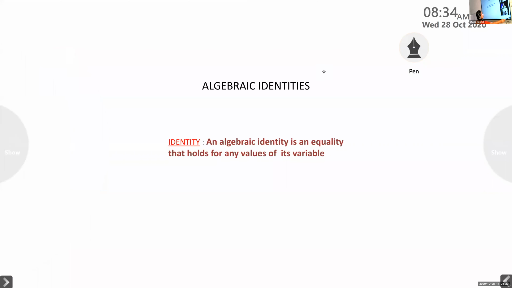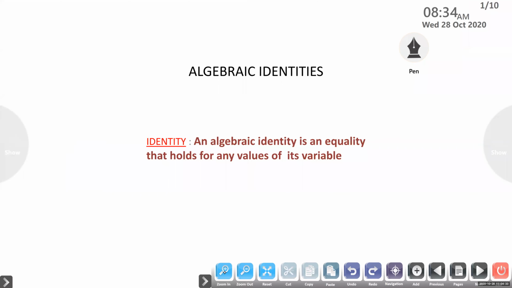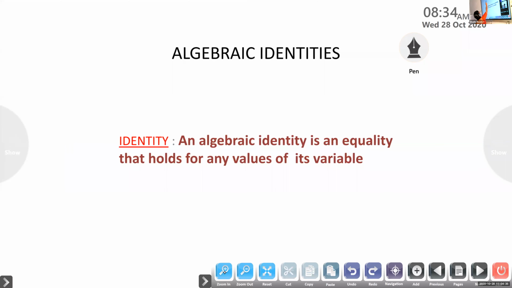Okay, so the heading is algebraic identities. All of you write the heading: algebraic identities. New topic, same chapter.